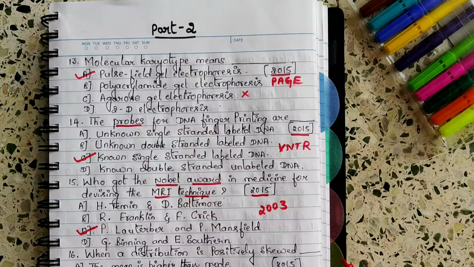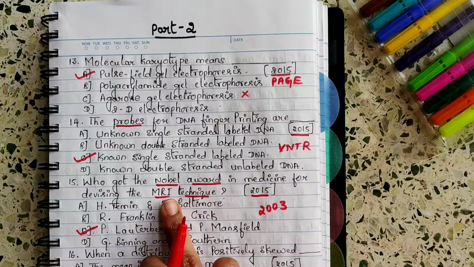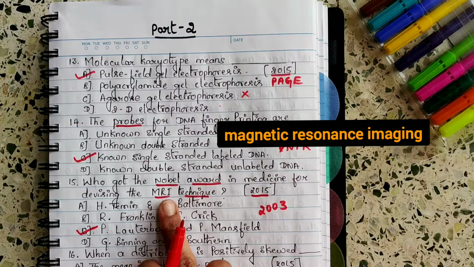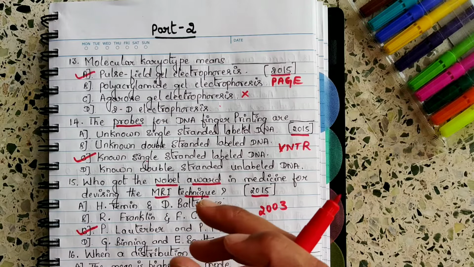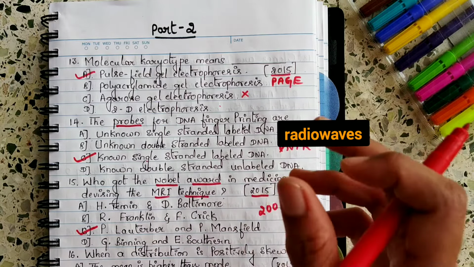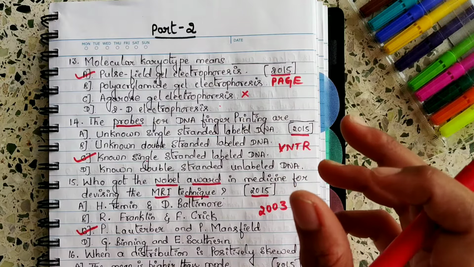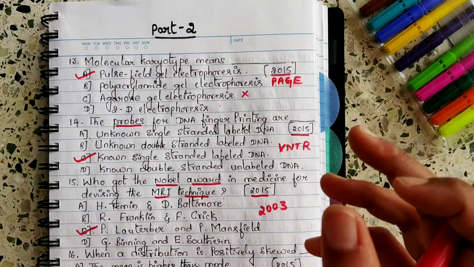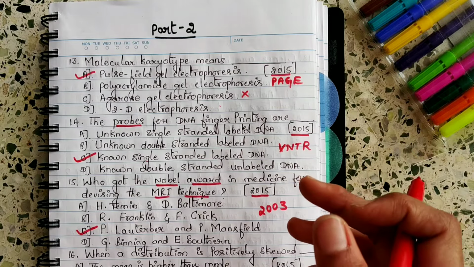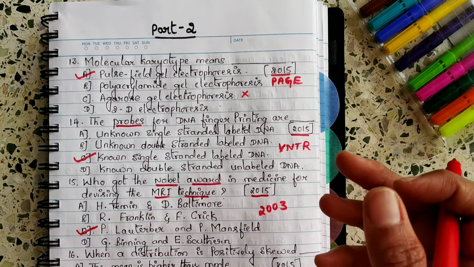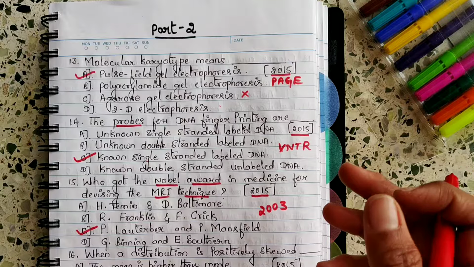And what is this MRI? MRI means magnetic resonance imaging. Here magnetic field gradients and radio waves create the images of the organs of the body. So that's about MRI. Now let us move on to the next one.